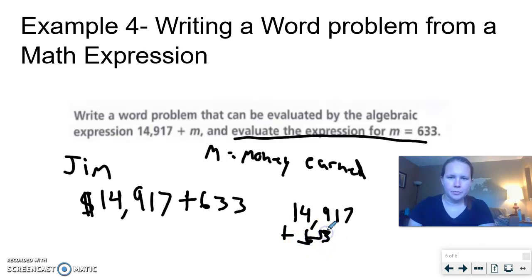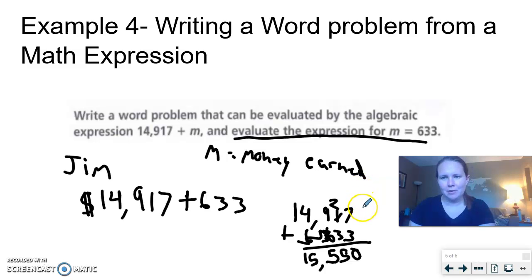Oops, I didn't line those up right. 6, 3, 3, 0. Hopefully I added that right. Let me know if I didn't. This seems like a very nice round number. 15,550 now seems to be what Jim has in his bank account.